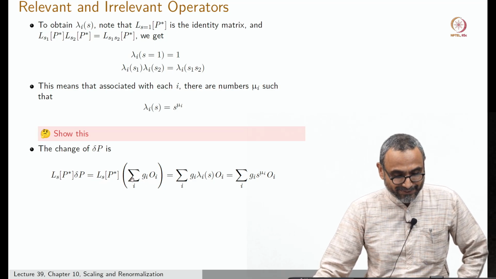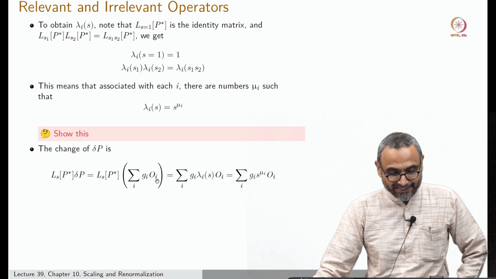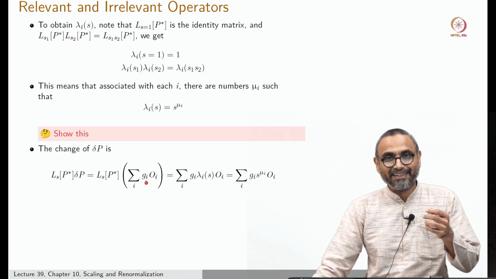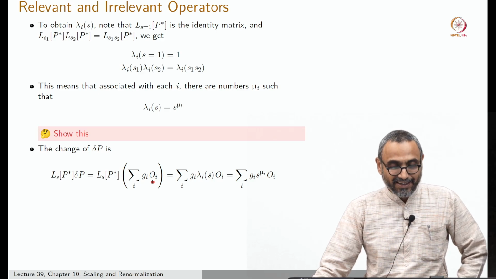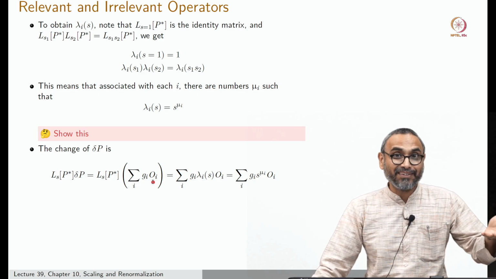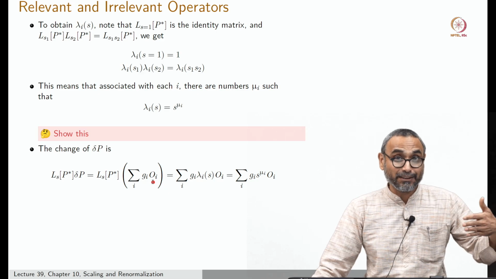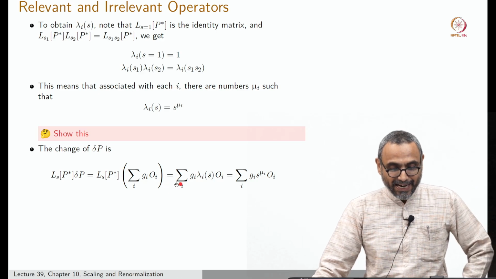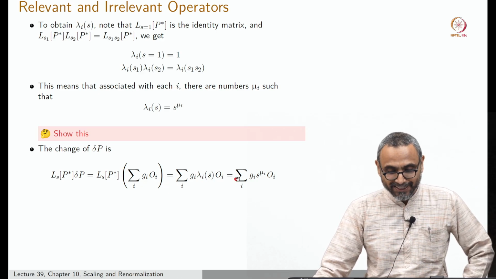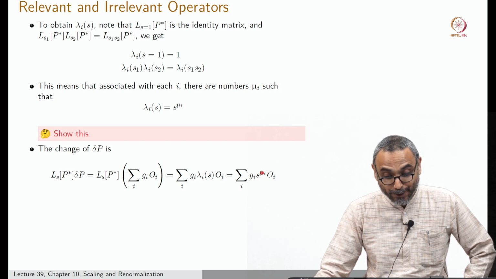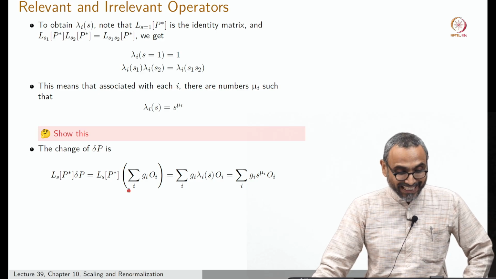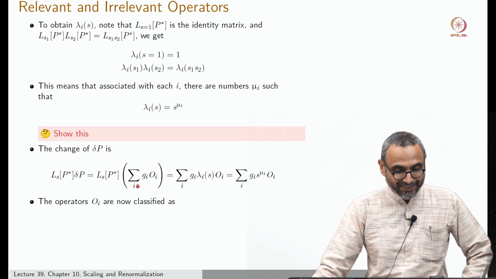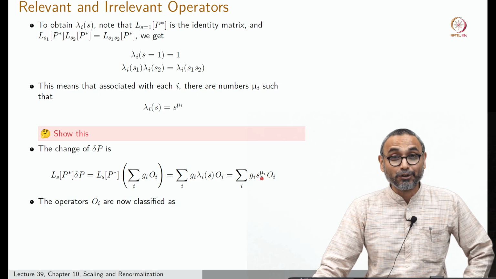This is our postulate that delta P is characterized by some numbers G_I in the basis of the eigen-operators of L_S of P star. And under the action of L_S, this goes to lambda of S, so this goes G_I S to the power mu I O_I. So what happens? G_I go to G_I times S to the power mu I.